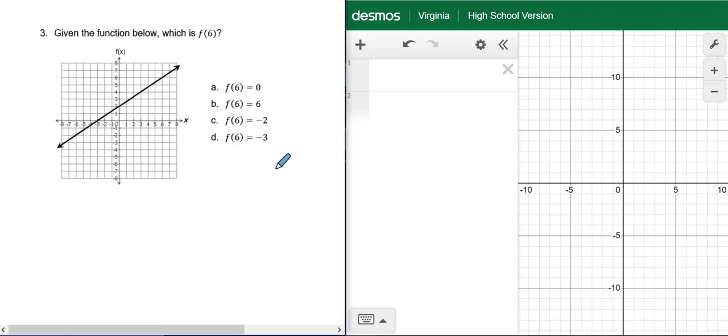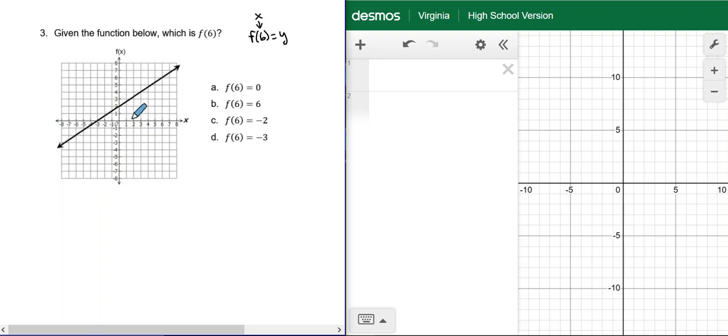Given the function f of x graphed below, what is f of 6? This is function notation. What you should know is that f of x is equal to y, and the number here is your x-coordinate.